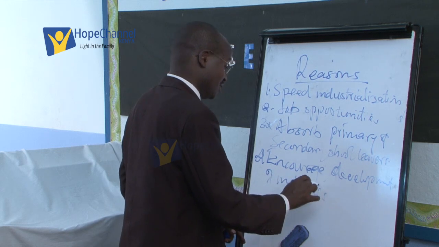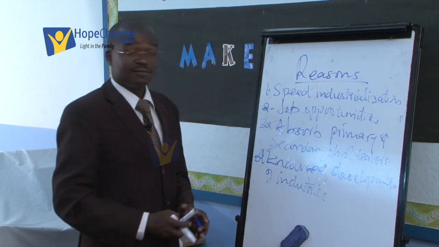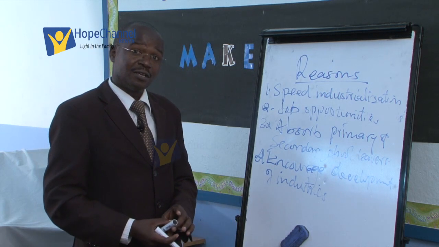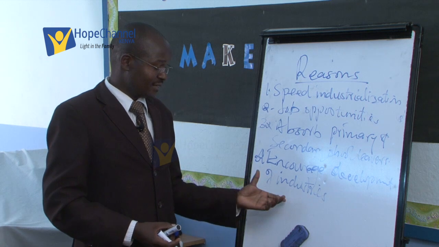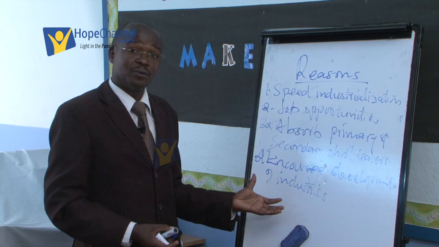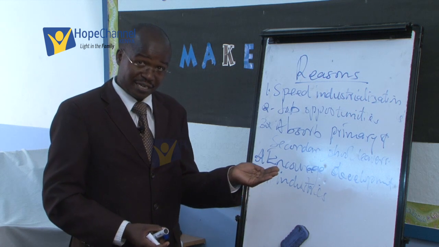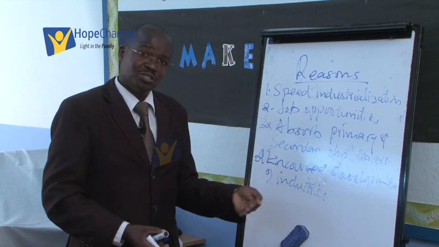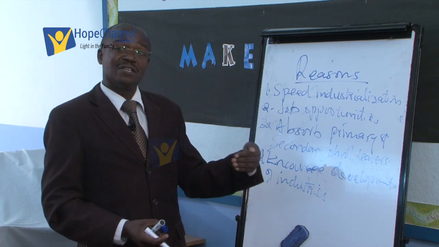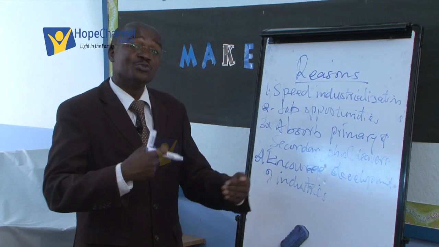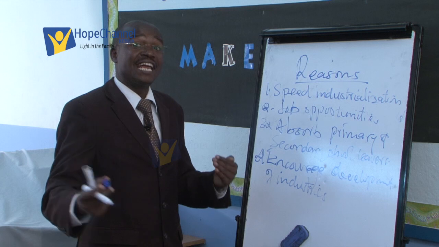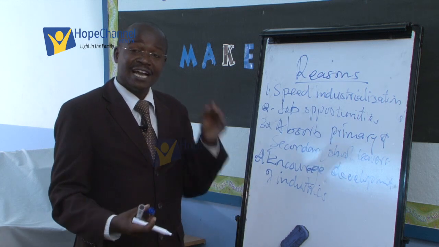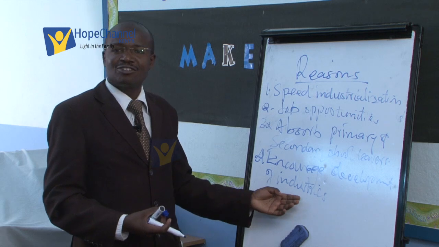How do we encourage development of industries? By actually engaging in these Jua Kali Industries. You find that people are engaged in economic activity, and as you do this work, you gain experience, and as you gain experience, you come up with new things. You come up with new things in a very interesting way, and at the end of the day, industries actually come up.